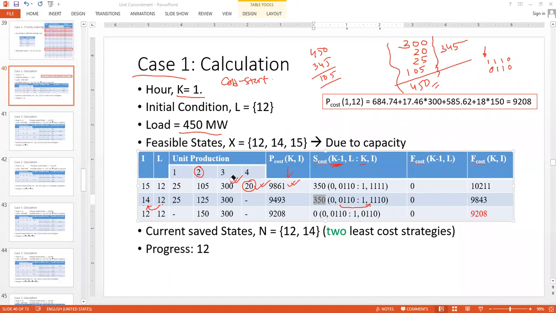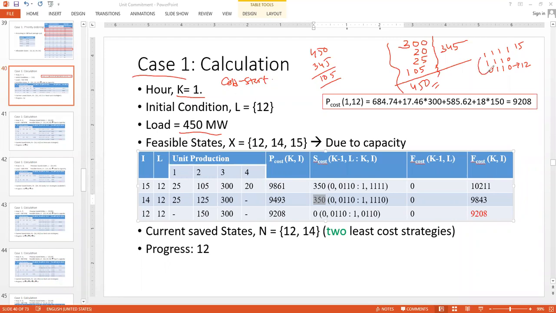Okay. The last one is the transition from 12 to 15, the first entry here. So in 12 to 15, this is 12. The 15 is 1, 1, 1, 1. So now you see 2 bits are updated: the unit 1 and unit 4.